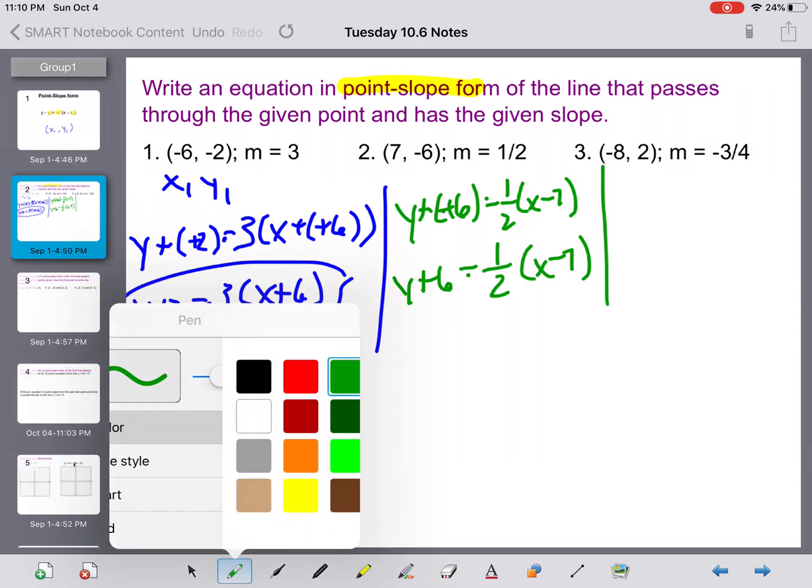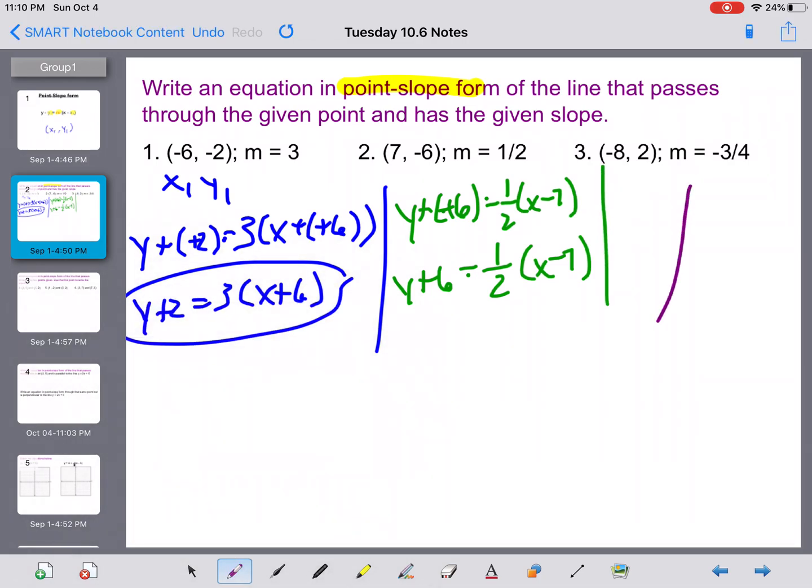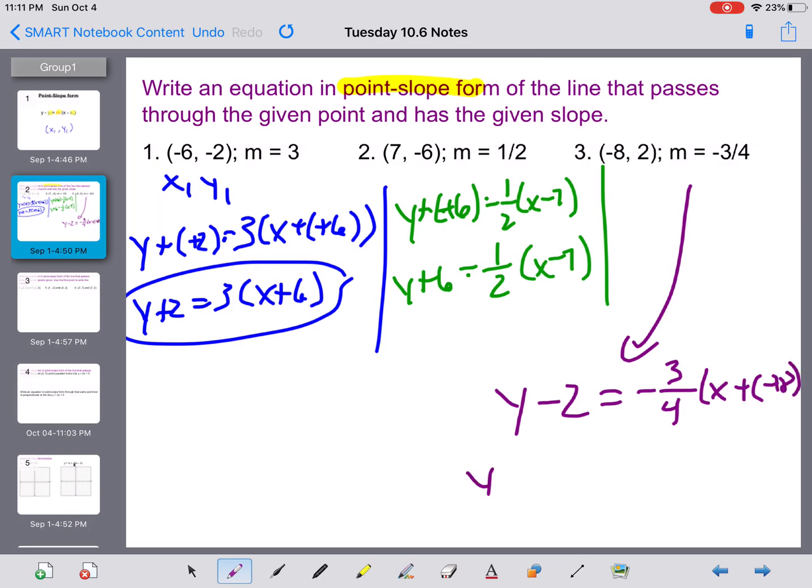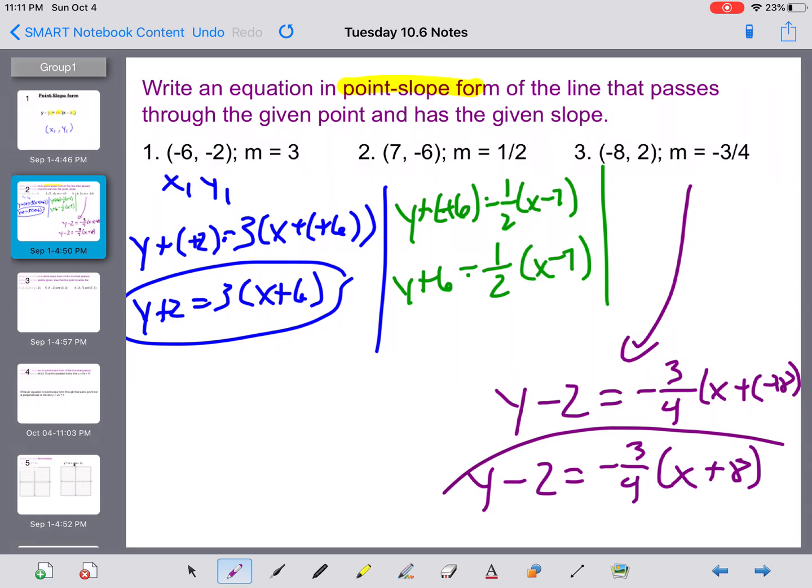And then looking at this last one, we're going to say y minus 2 is equal to -3/4 times x minus -8. Again, we need to clean up our double negatives, so y minus 2 is equal to -3/4 times x plus 8 would be our final answer. Those are all in point slope form, and we're leaving them that way to make sure we're reading the instructions.